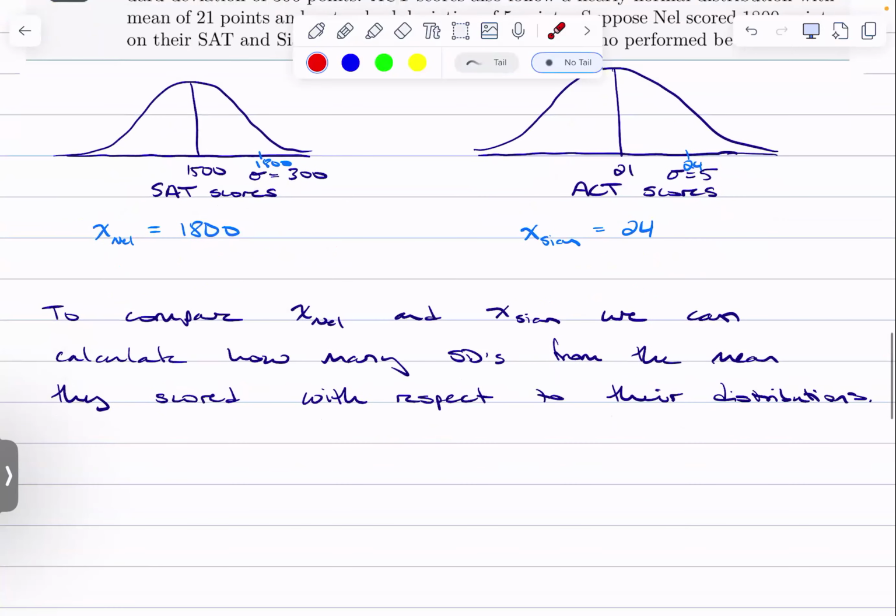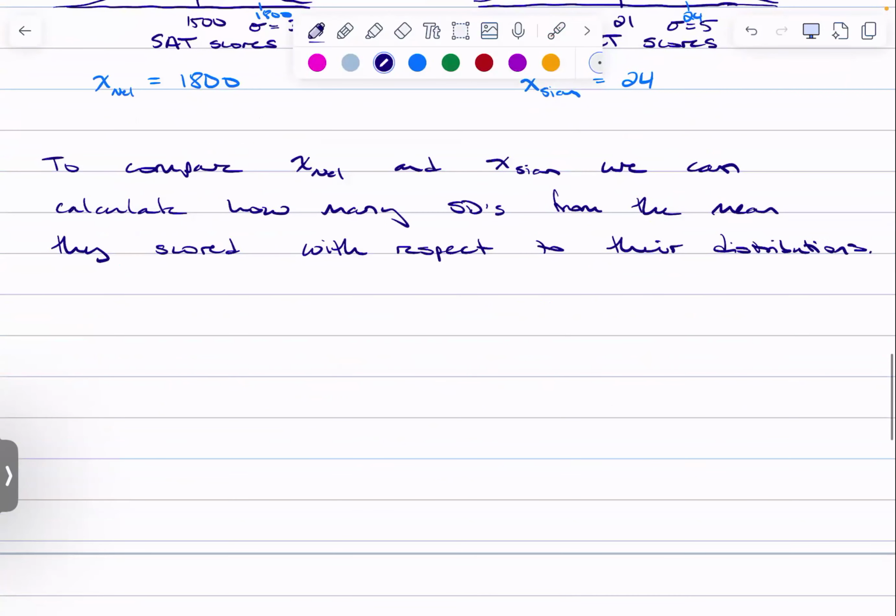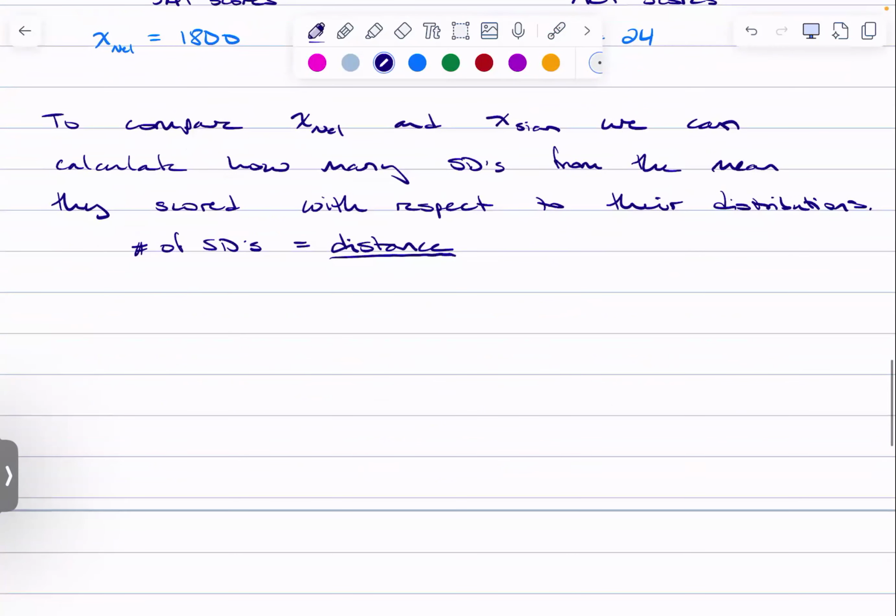You would take the distance. So the number of standard deviations is the distance divided by sigma.